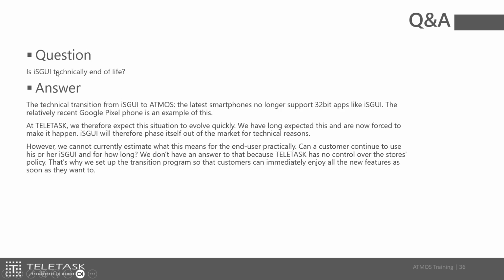So another question, is ISGUI technically end of life? Well, it always comes back, the technical transitions from ISGUI to ATMOS. The latest smartphones will not go with 32-bit anymore, etc. It's about the same question as I answered already. So how long will the ISGUI work?